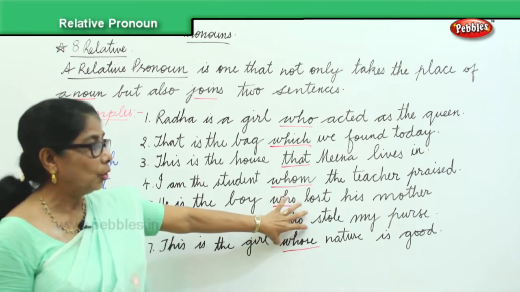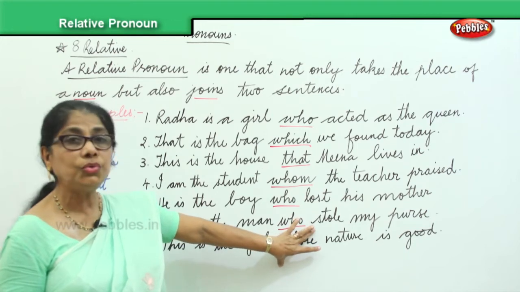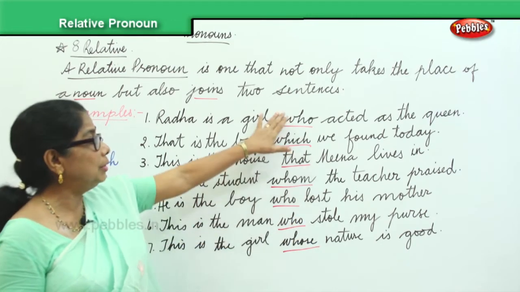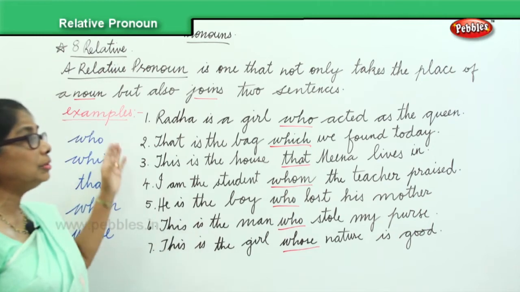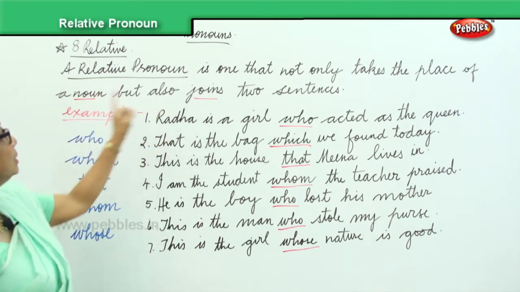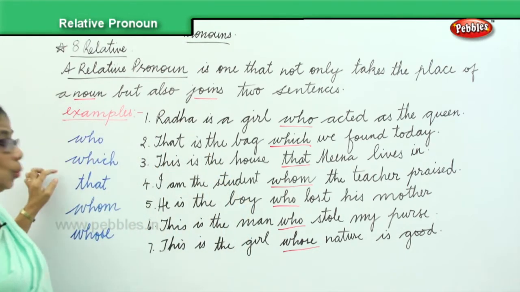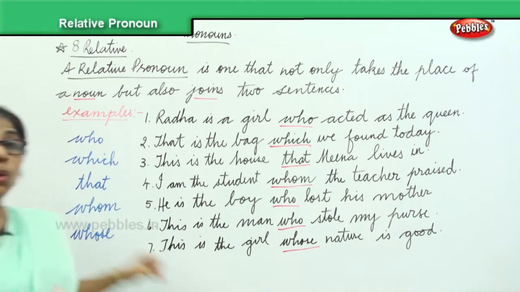This is the man who stole my purse. This is the girl whose nature is good. So these relative pronouns not only join two sentences, they are also used instead of a noun. Who, which, that, whom, whose.